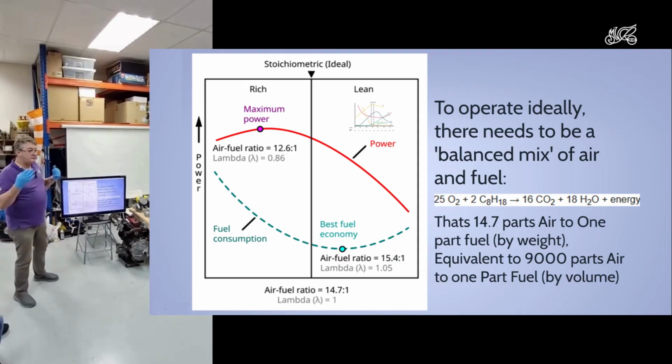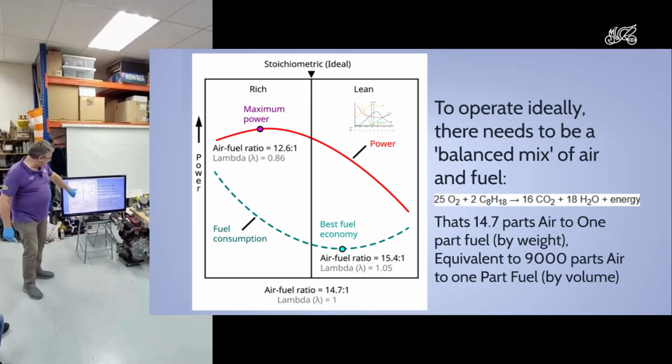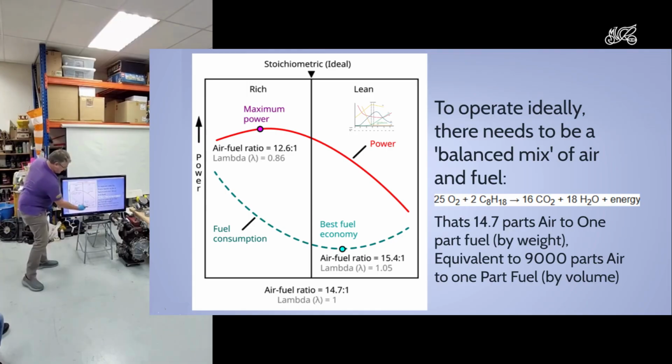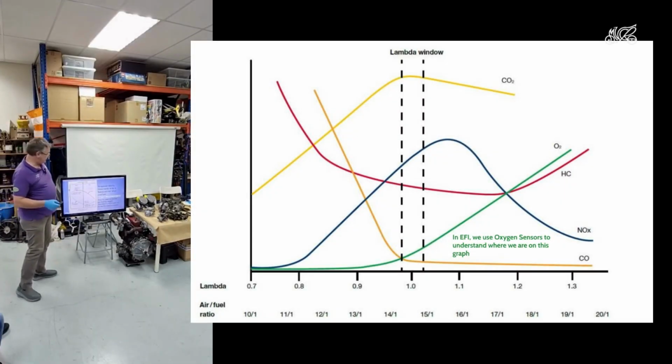And that's really how it works if you do it perfectly. But actually, maximum power is over on the rich side, and maximum economy is on the lean side. So you don't just want to be sitting right here. You want a system that when you put your foot down goes there, and when you're cruising along on a highway sits over here. So that's what you're trying to achieve somehow.